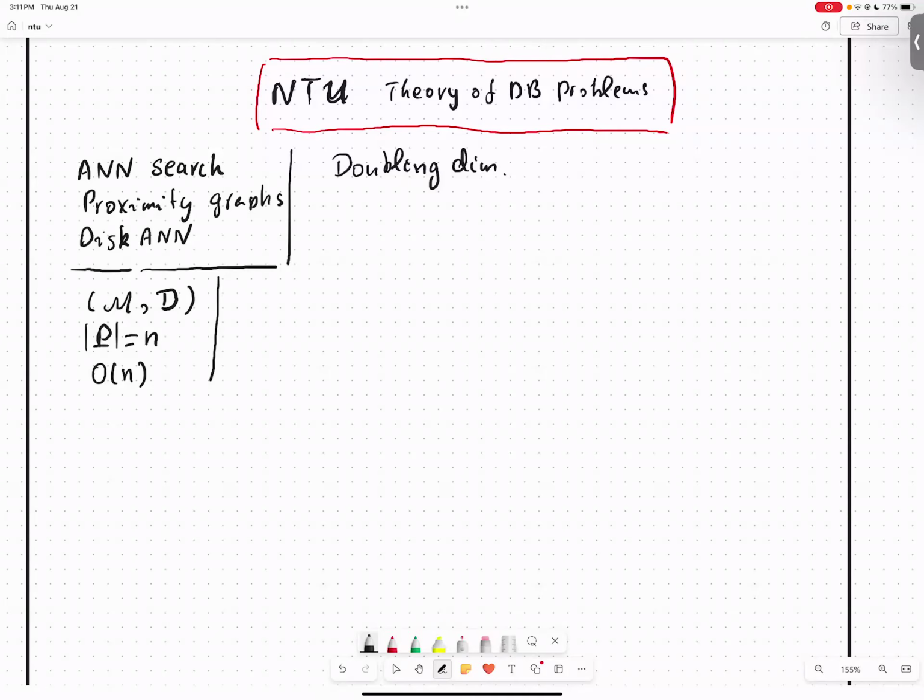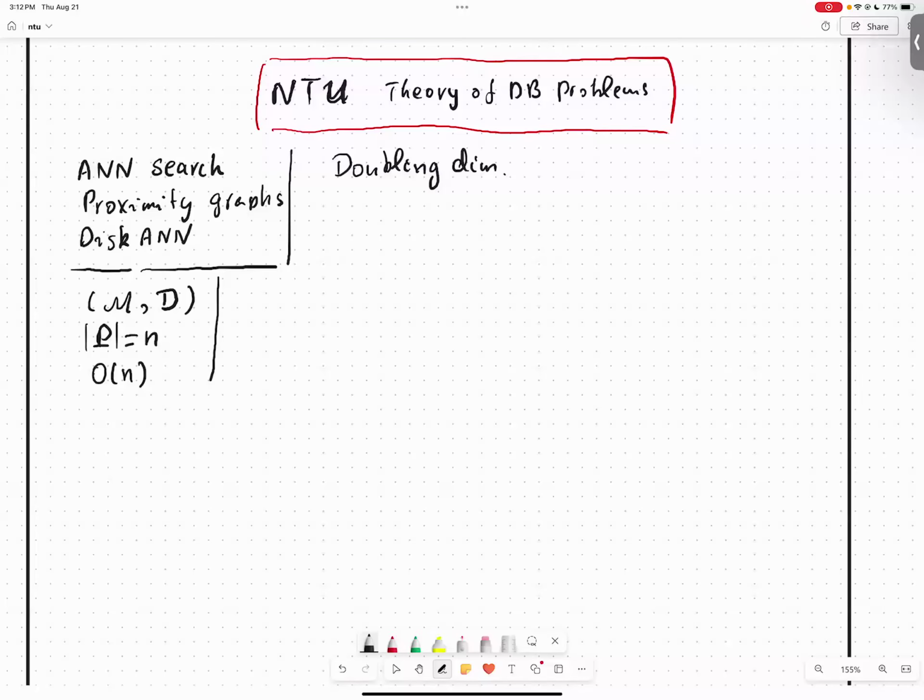Now, would there be a notion that sounds similar to this Euclidean dimensionality? And this notion, which of course I will quantify, as you can see, the doubling dimension, right?